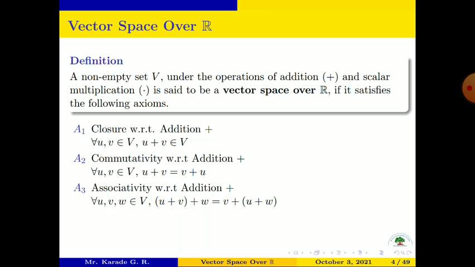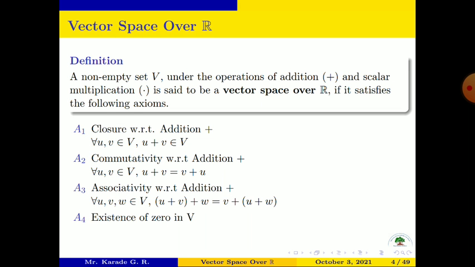This means that if we add u and v first and then add the resultant to w, it is the same as first adding v and w and then adding the resultant to u. So both the things must be same. This property is called associativity.